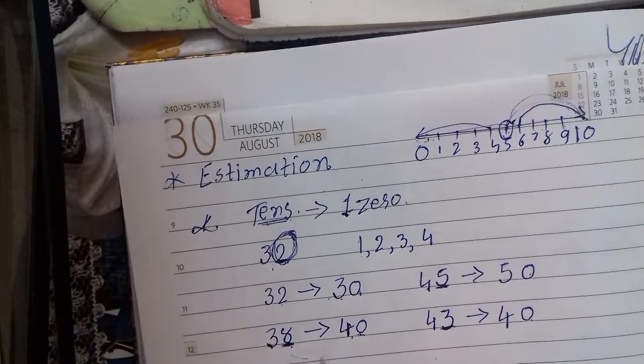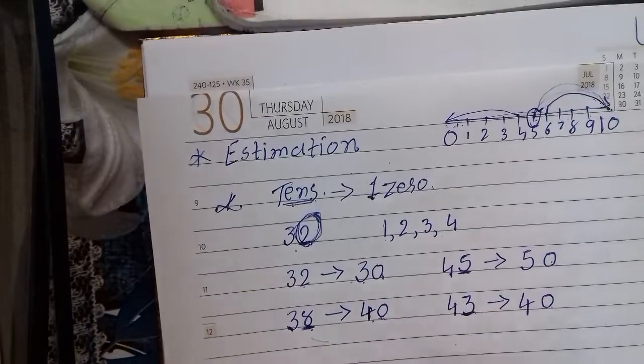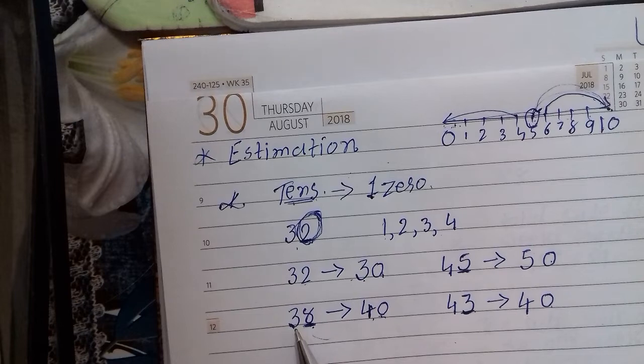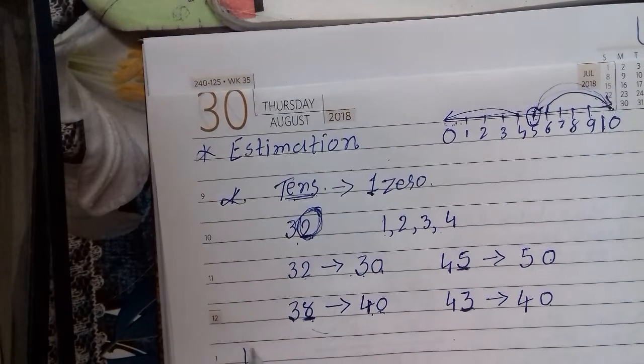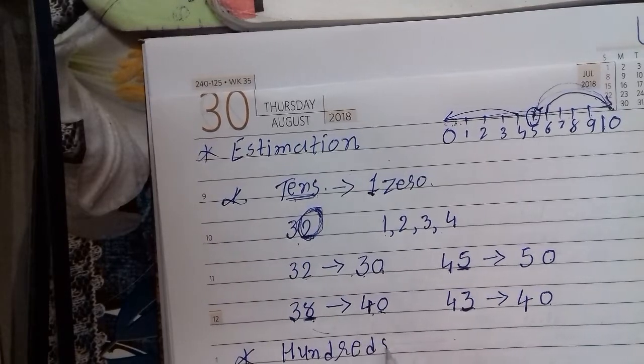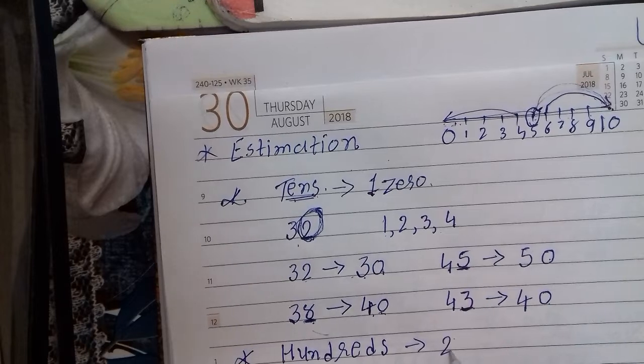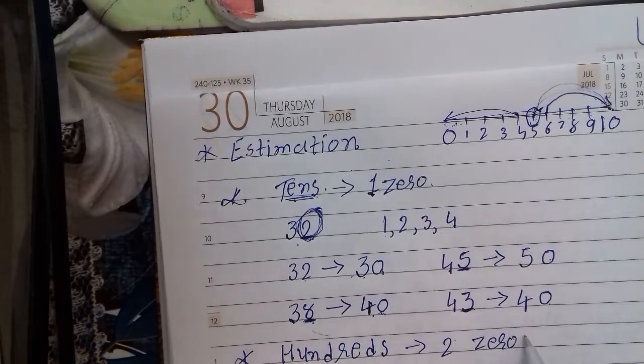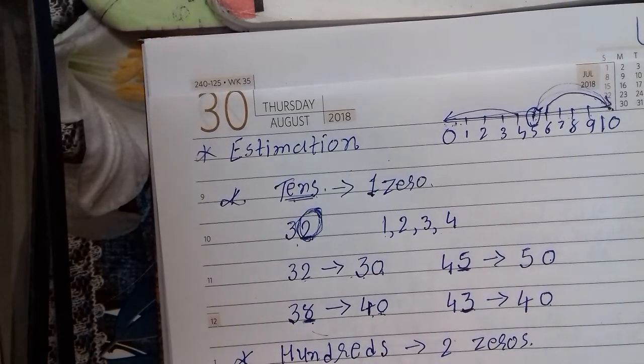Now we will see about estimating to the nearest hundreds by rounding off. Suppose nearest hundreds. How many zeros in 100? 2 zeros, right?